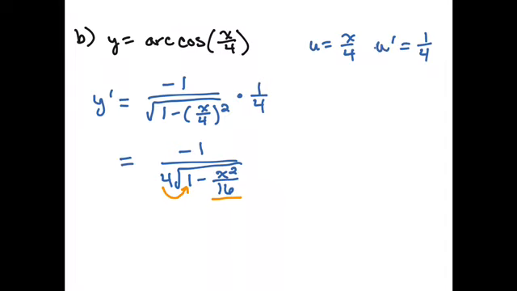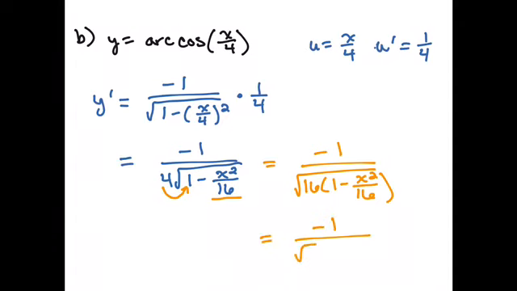Outside the radical I have 4, but if I put it under the square root symbol, the square root of 16 would be 4. So what we're going to do is rewrite this as 16 times 1 minus x squared over 16. And when I distribute that 16, I get -1 over the square root of 16 minus x squared.